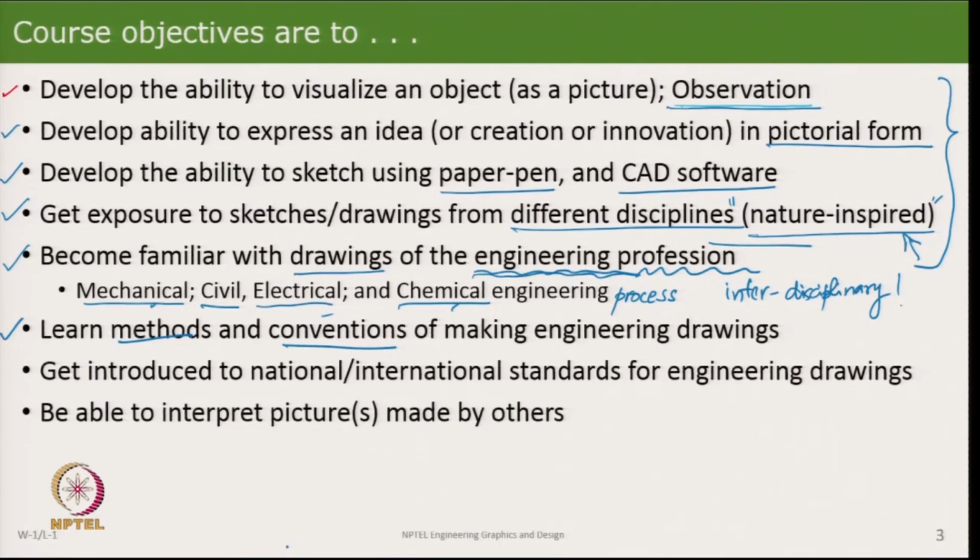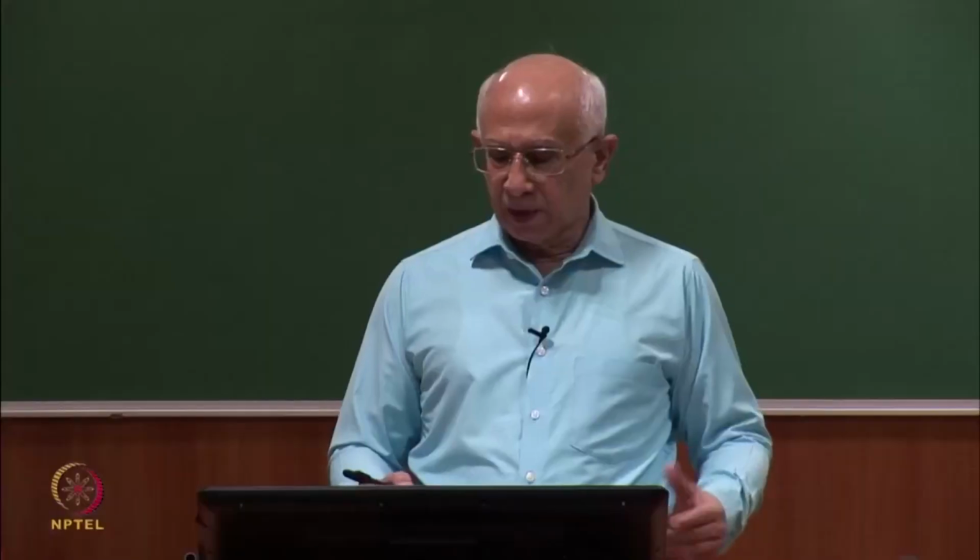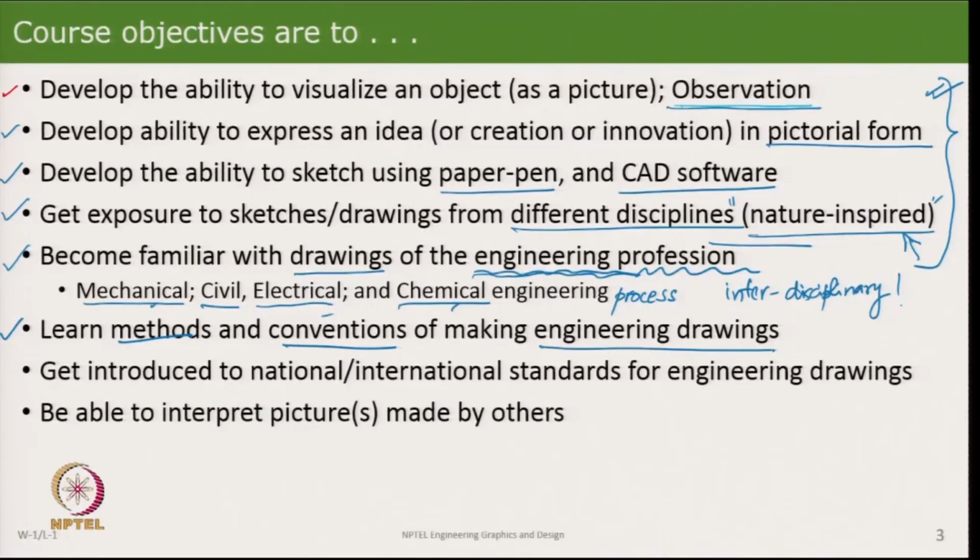Then regarding engineering drawings, we will learn the methods and conventions by which engineering drawings are made. In the first part, when you are sketching something, we are completely at liberty to make it any which way we want. But when we come to making engineering drawings, a lot of that flexibility is gone, especially when we want to communicate with others. There is a very specific set of standards, national and international, which we must follow. We do not have a choice.